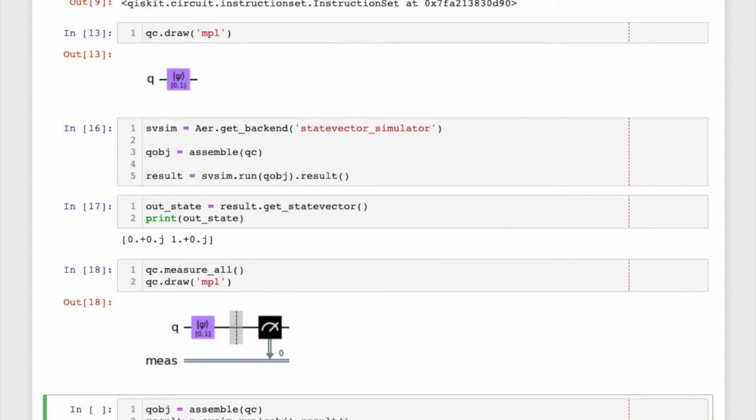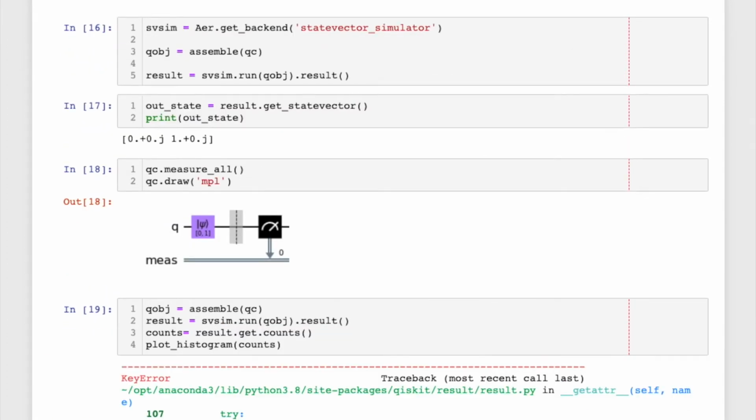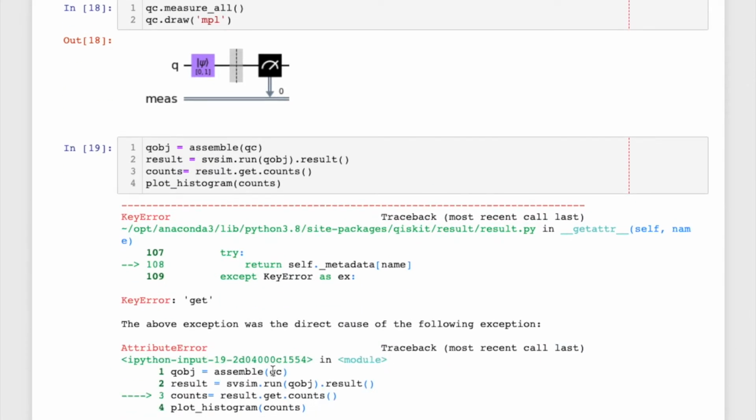Then we can plot a histogram of the probabilities of each one of these counts. Another mistake: result get counts.